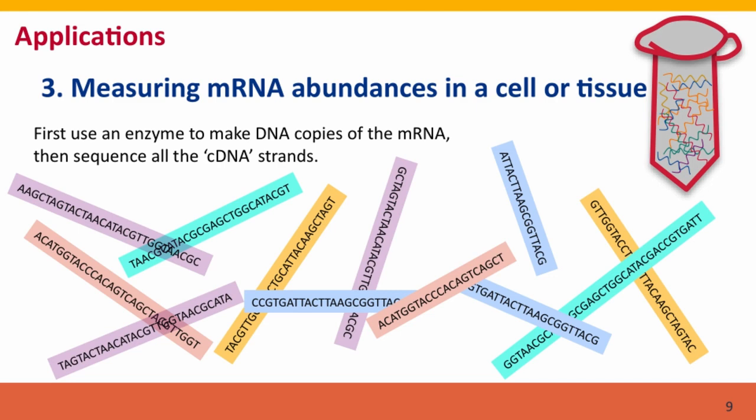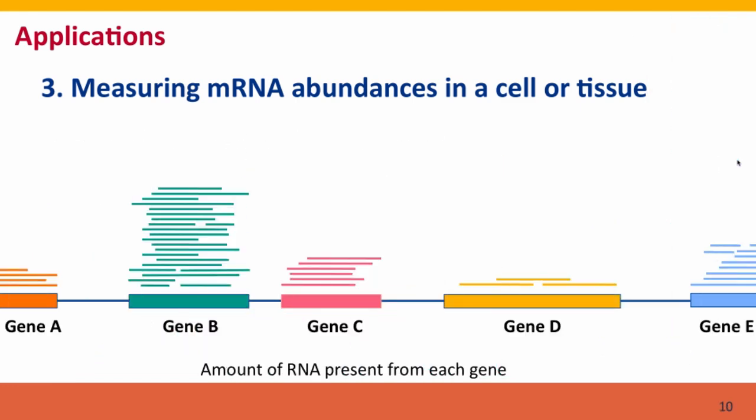We still don't have a way to sequence RNA, but we do have a very easy way to use an enzyme to make DNA copies of the RNA, and then we use our very efficient DNA sequencing method to sequence all of the complementary DNA, it's called, in the sample, which gives us a measure of the sequences of the RNAs in the original sample.